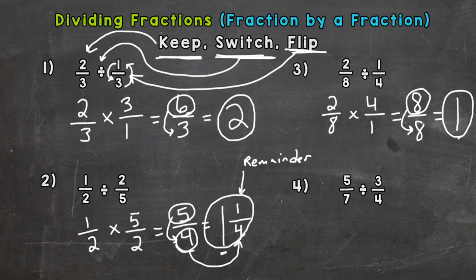So number 4, we have 5/7 divided by 3/4. So steps, keep, switch, flip. 5 times 4 is 20, and 7 times 3 is 21. Now that's a proper fraction.